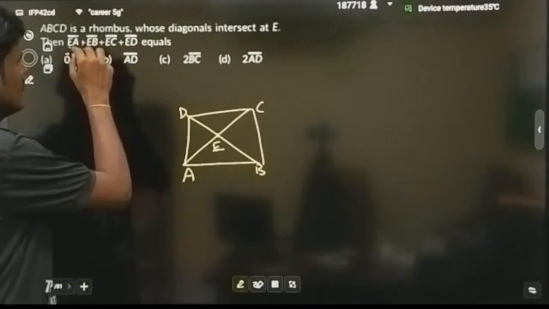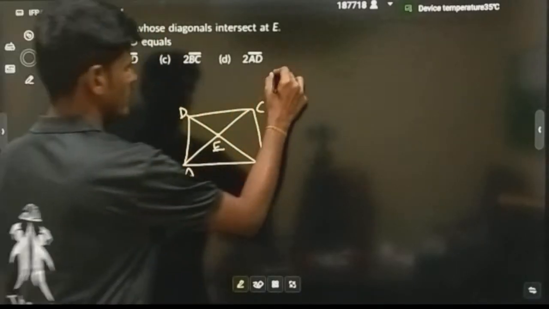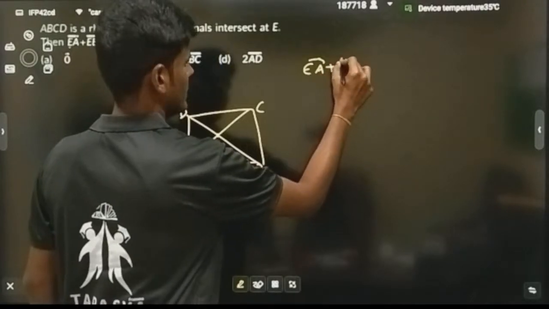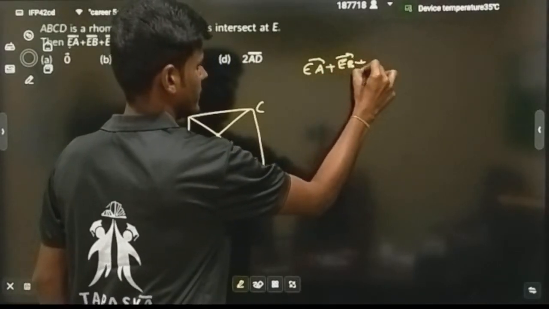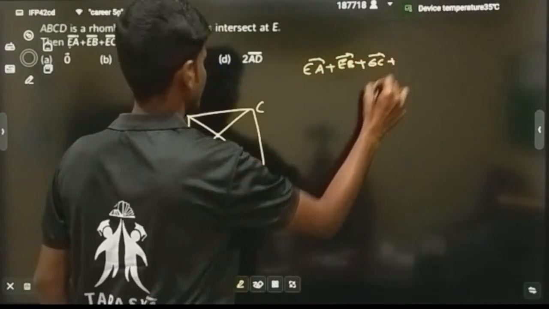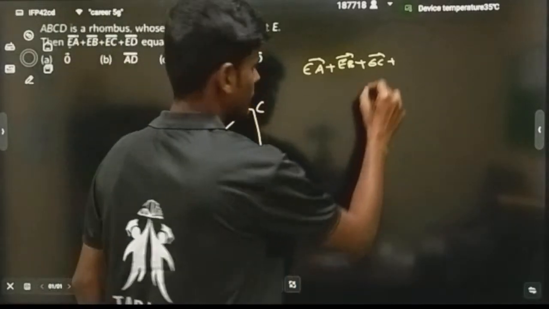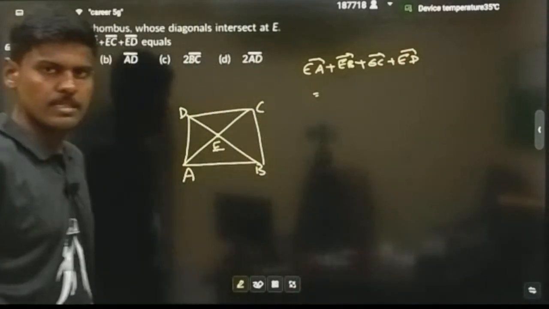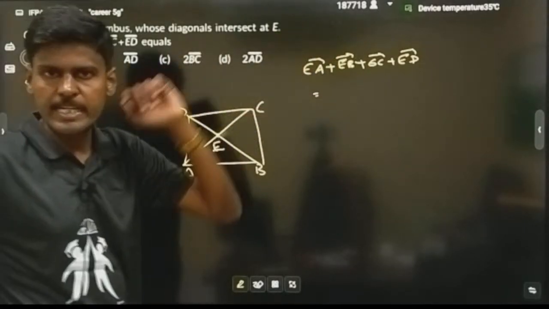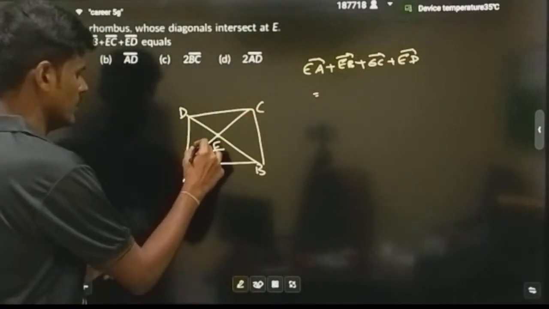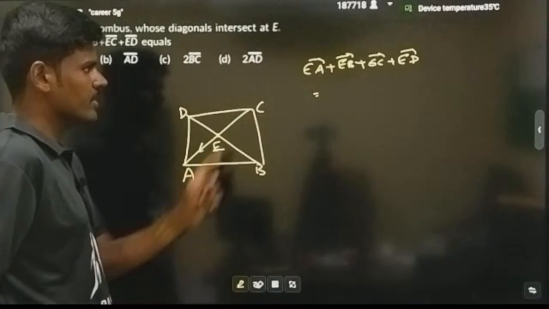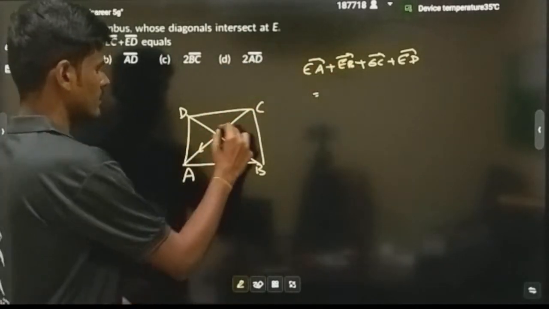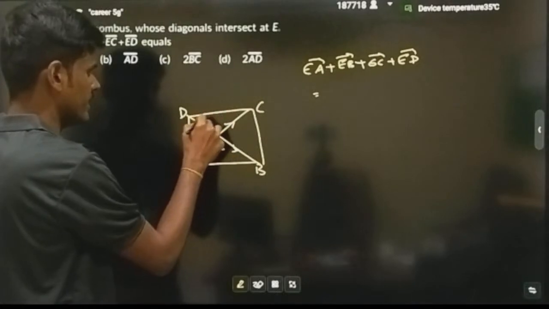We have to find EA vector plus EB vector plus EC vector plus ED vector. Now this value can be written with point E as the initial point. So EA vector will be this one, EB vector will be this one, EC vector and ED vector.